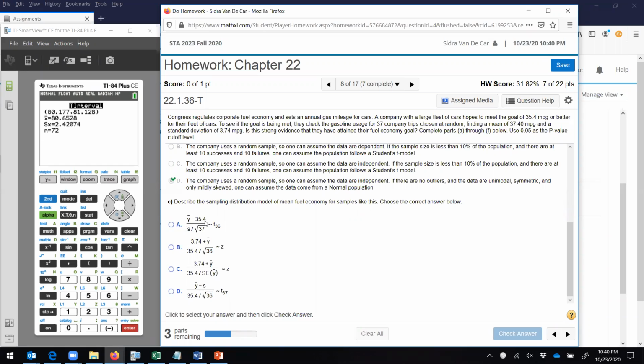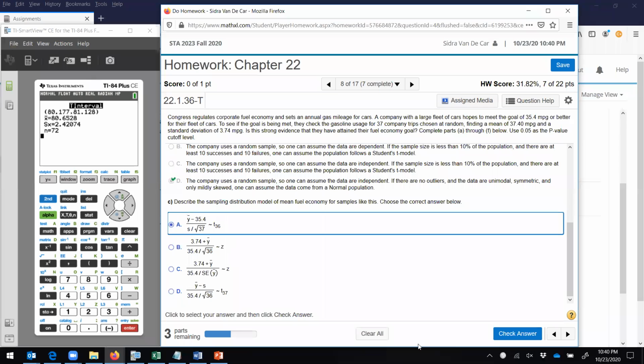This is the null hypothesis value. It's approximately equal to a t distribution with 36 degrees of freedom, one less than the number of cars.